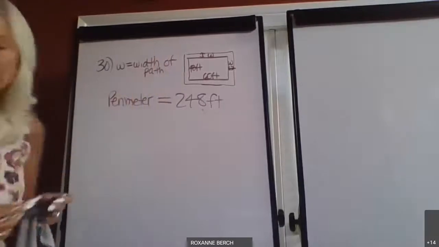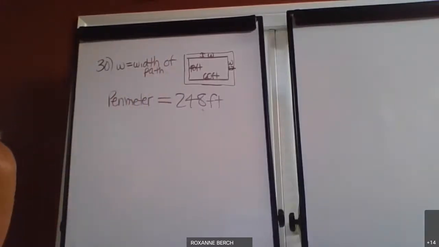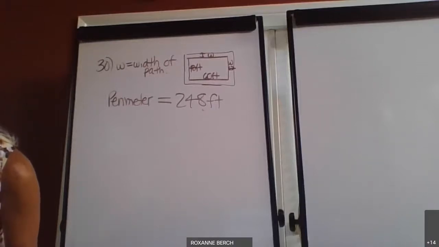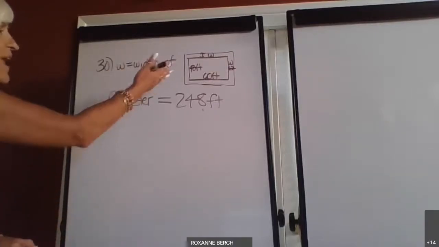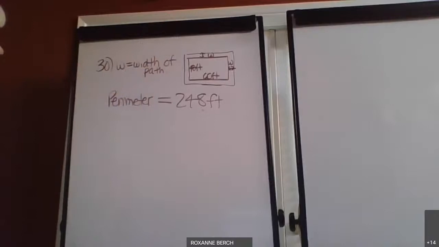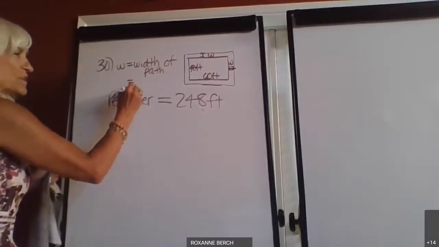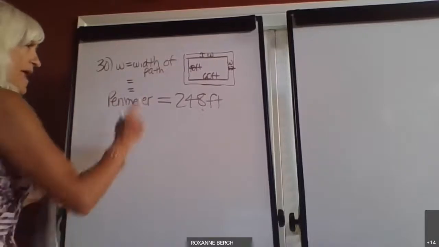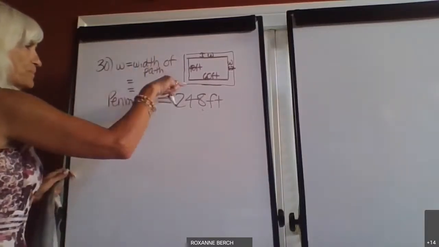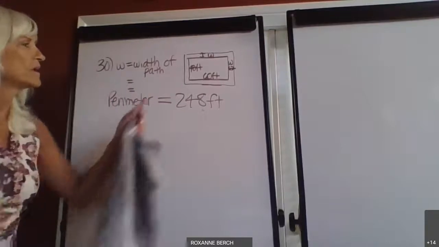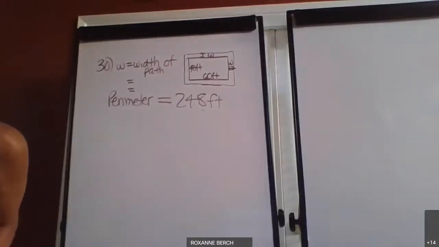I still don't know what I'm doing. Let me read it again. So we're going to let W be the width of the path. Well, here's the deal. We don't know anything about the path. So let's set up what we do know about, and that's the length and the width of the pool.